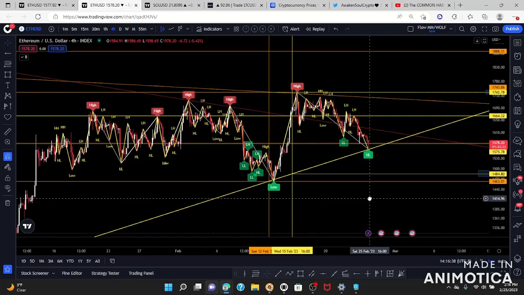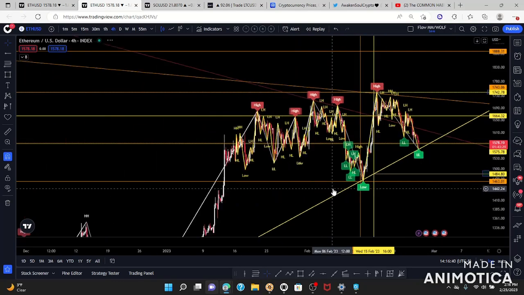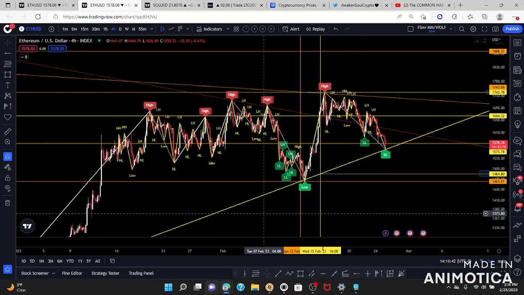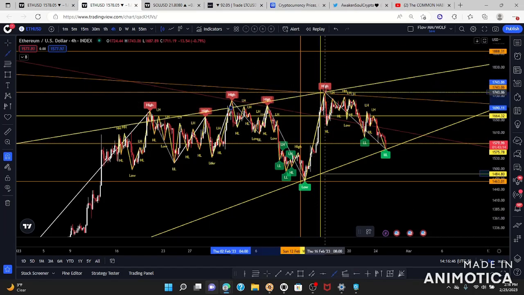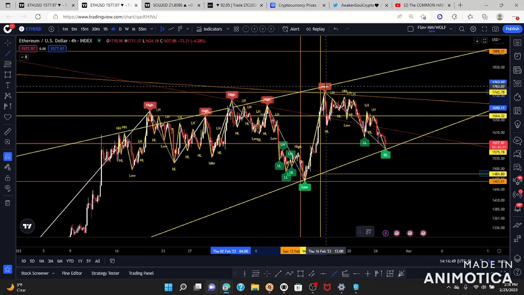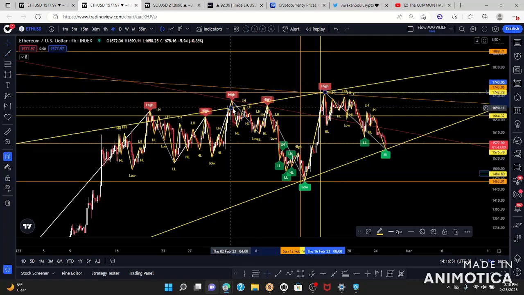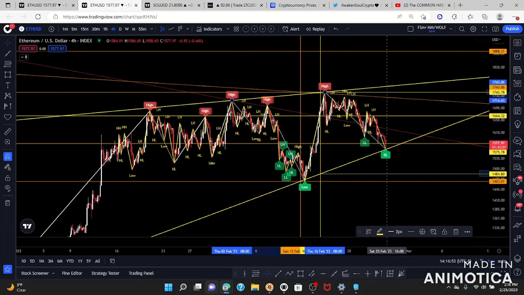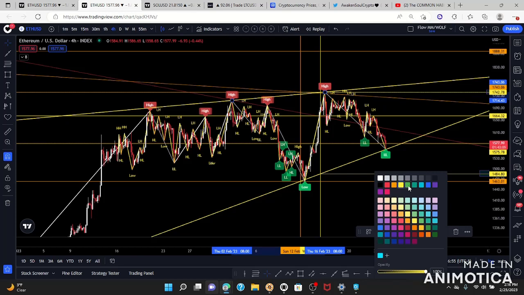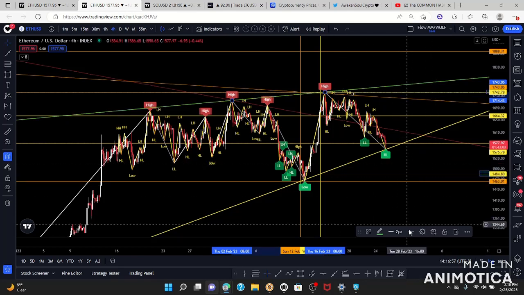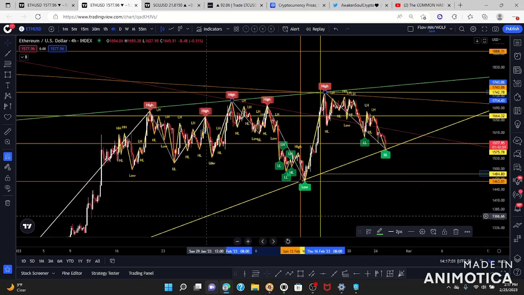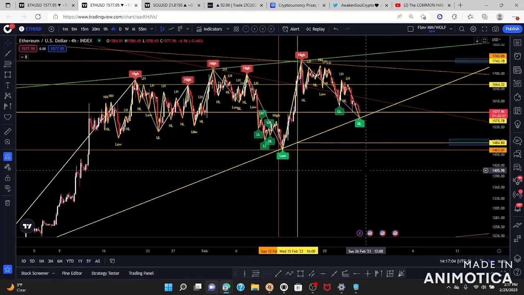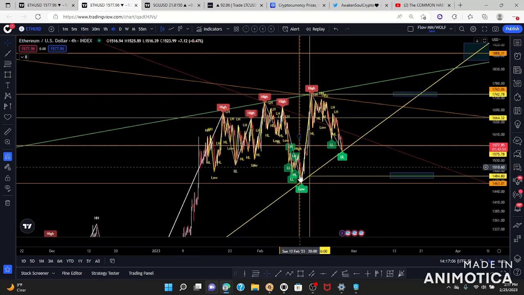Let's go down to our 4 hours. Within our 4 hours, I want to find a pattern. I want to see something that's happening here. Okay. I'm going to color this green. What do you think? That looks like a flag right there. Rising wedge, right?